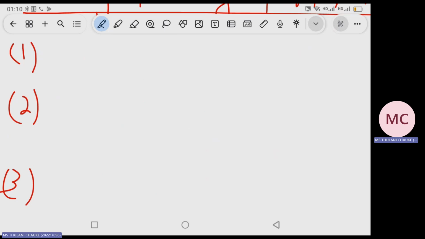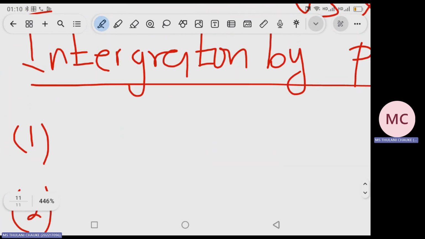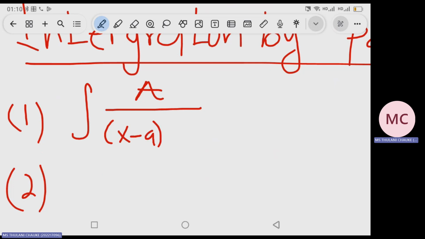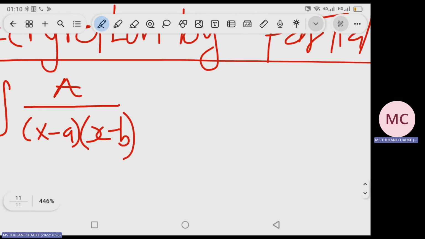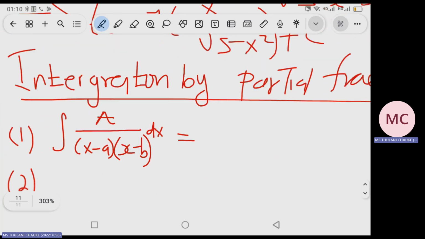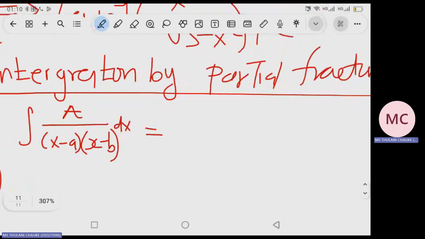Here are the rules. They are saying that if you have the integral of the form, no matter whatever the function is, but most importantly, if your denominator consists of linear factors, then you're going to separate this.